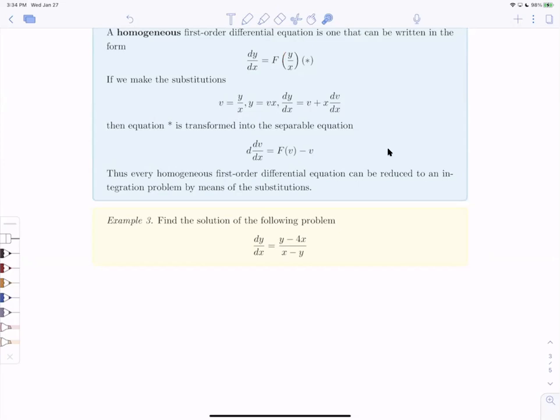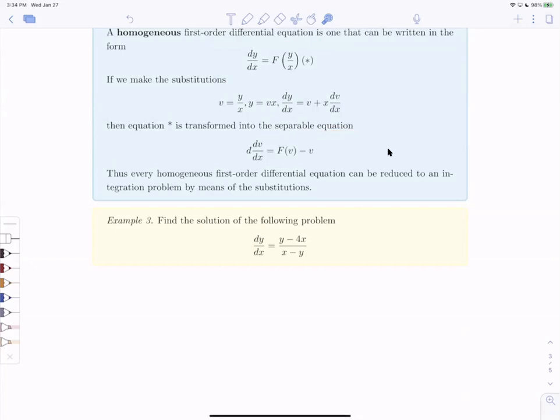If you make the substitution v equals y over x, so y equals vx, dy over dx will be v plus x dv over dx. Okay, so you take the integral of this. Then this equation is going to be transformed into a separable equation.